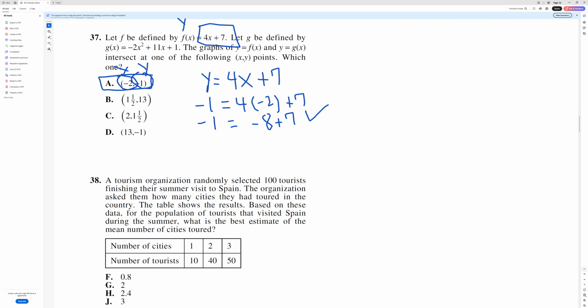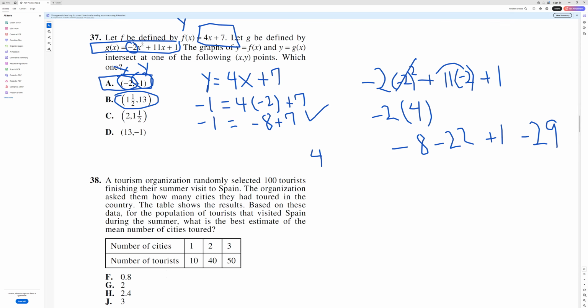That's -2 from that equation times the value of x, which is another -2 raised to the second power, plus 11x, x being still -2, 11 times -2, plus 1. This takes too long, but this is 4 times -2, which is -8. 11 times -2 is -22, plus 1 is -29. That's not the same as y.